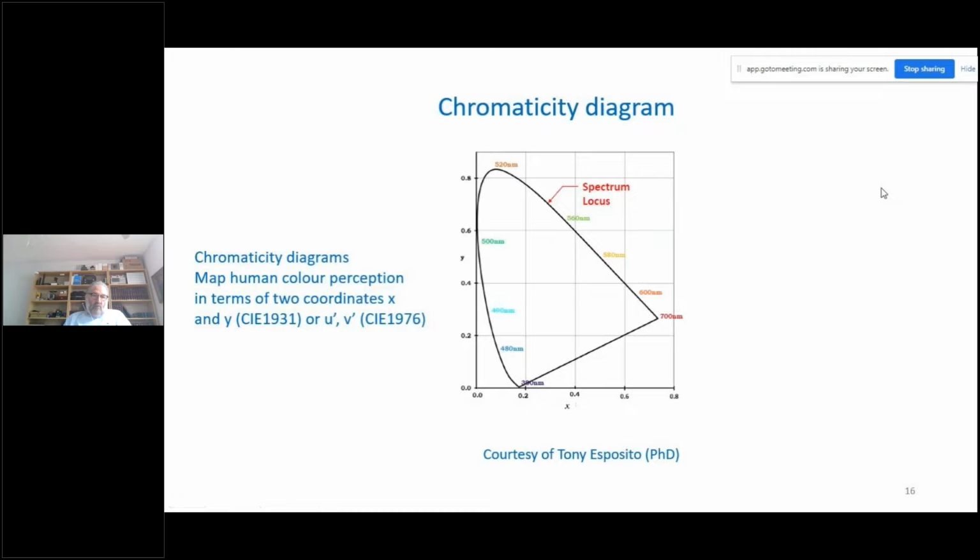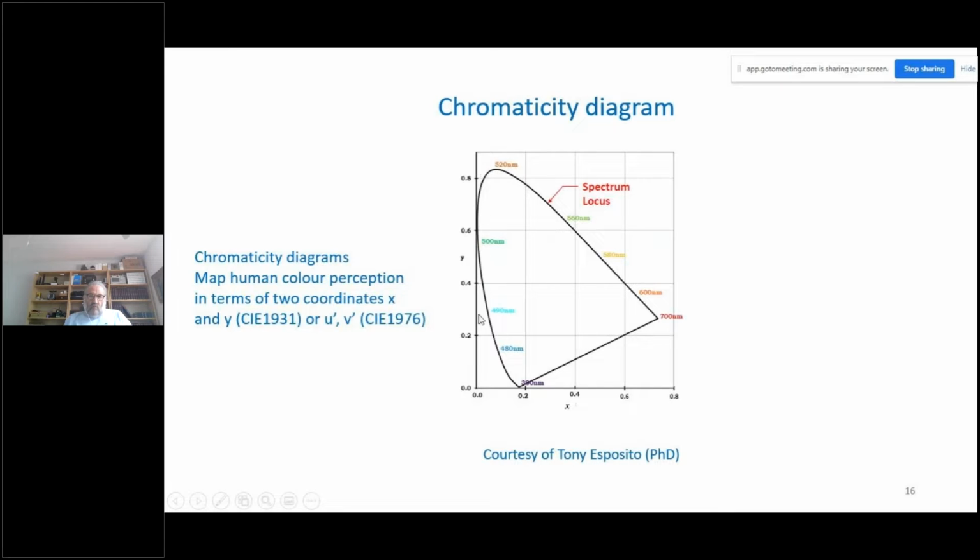So we also have to understand the chromaticity diagram. Again, all of these are provided by the lighting passport. It maps the human color perception in terms of two coordinates, x and y. You can see this curve that looks like a loaf of bread, and the surrounding is all monochromatic. It's called the spectrum locus.